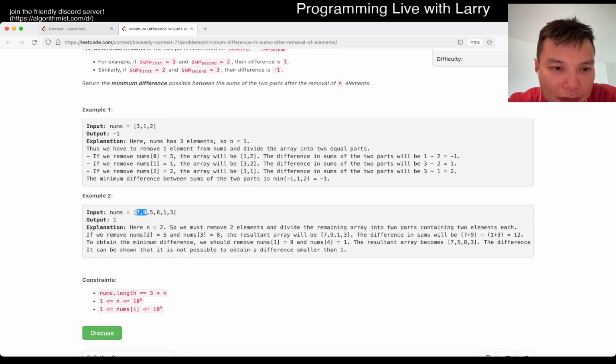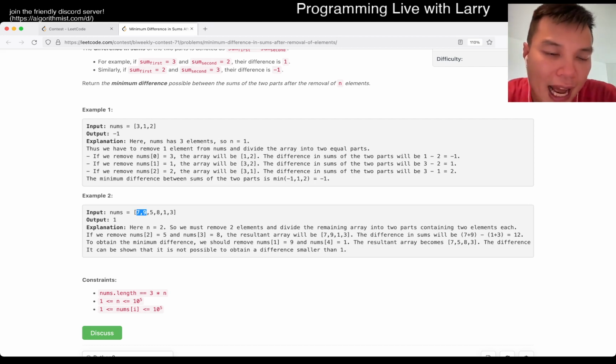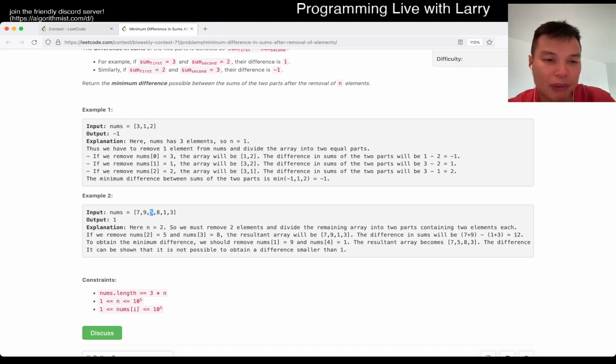Okay, so let's say we have a sum. This is 16, and if we add 5, I think the opposite idea is how I would want to do it. If we add 5, then we delete one of these.